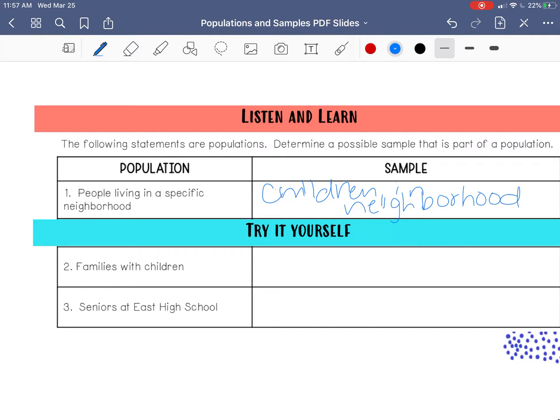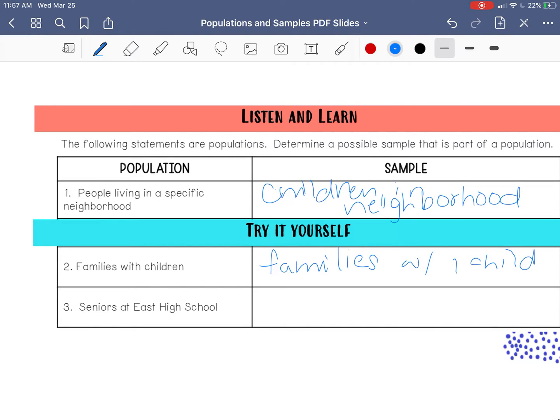So go ahead and press pause, and try to come up with a sample for the 2 populations given for number 1 and 2. Okay, now that you've come up with those, if the population is families with children, maybe I want to know how many families just have 1 child.